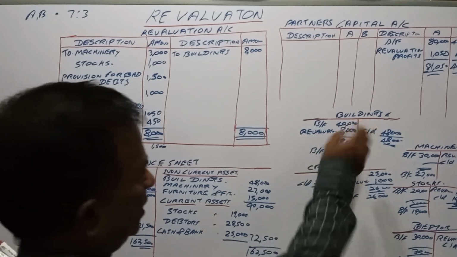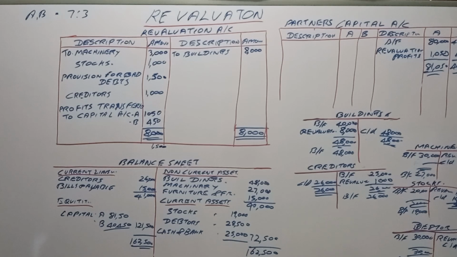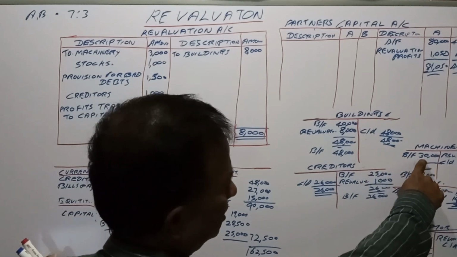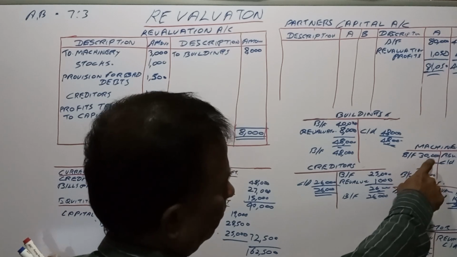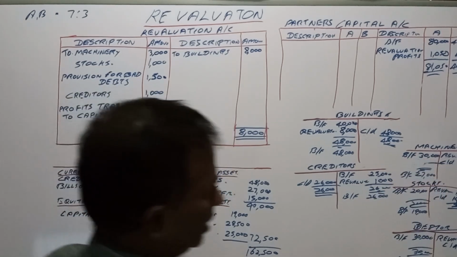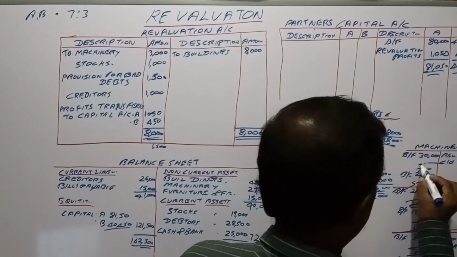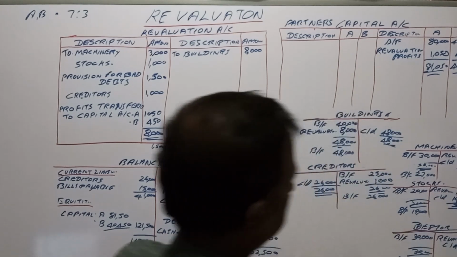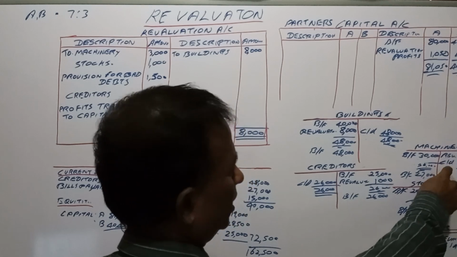Now the recap. They say depreciation 10% on buildings and machinery. The brought forward value is 30,000. If you are saying depreciation, then the amount has to be reduced by 3,000.